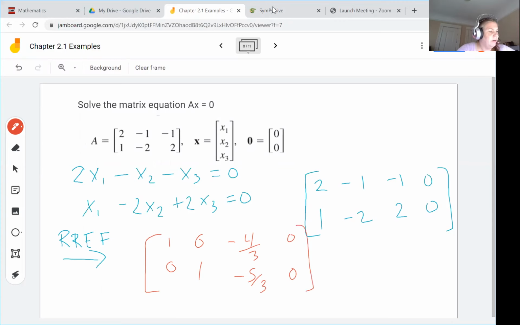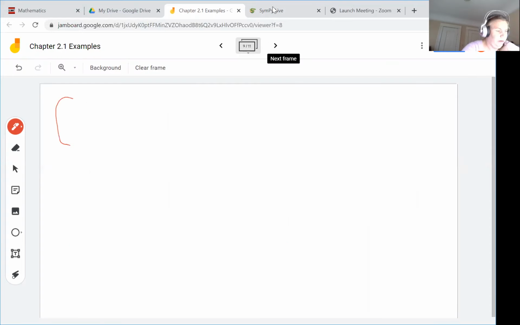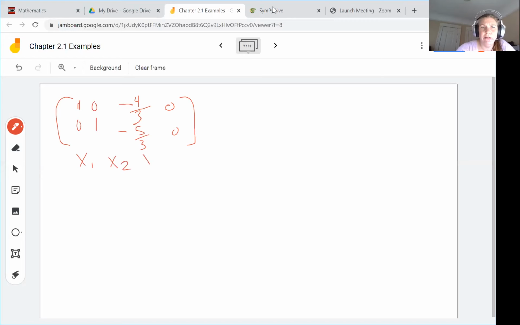All right, so let's think about what that means in terms of the solution. So I'll recopy our matrix here. And so in terms of thinking about these variables associated with the columns as x1, x2, and x3, and these values as our coefficient that goes with the x1, x2, and x3.